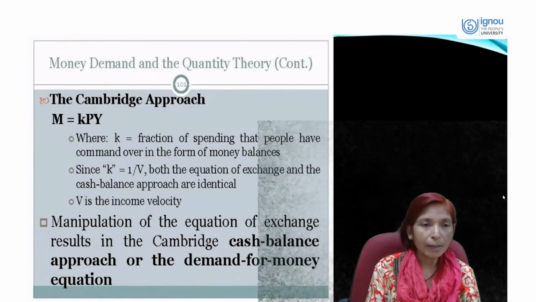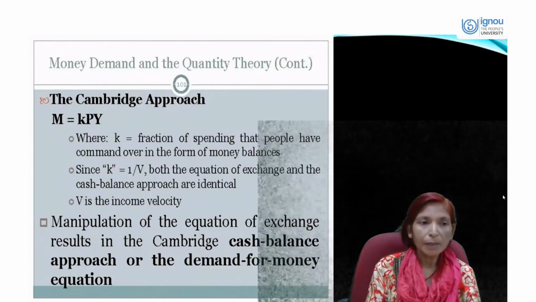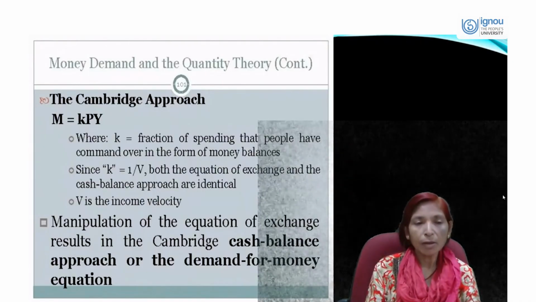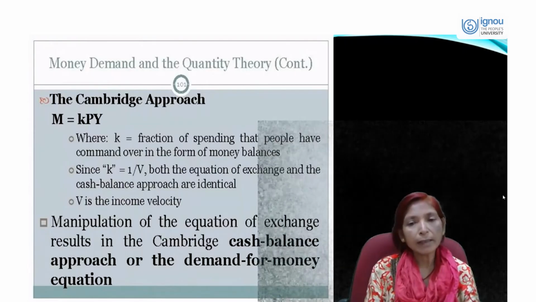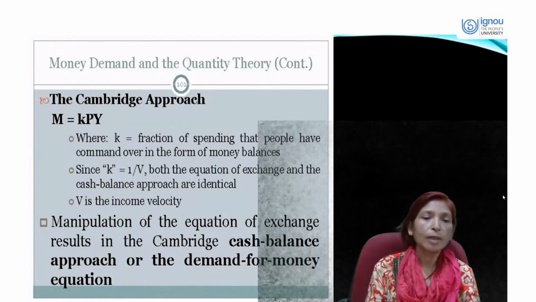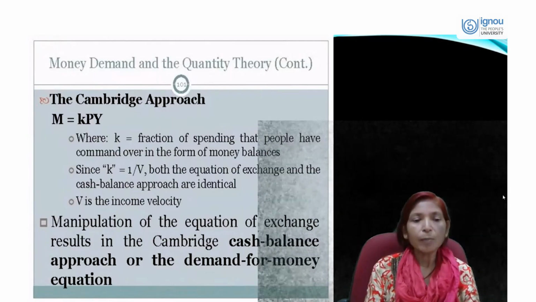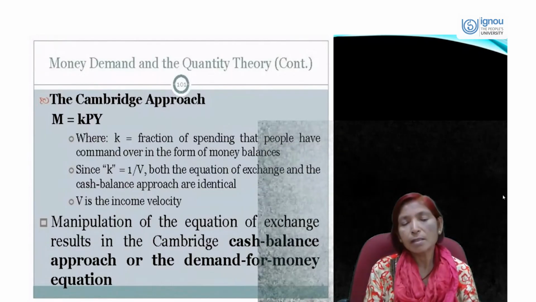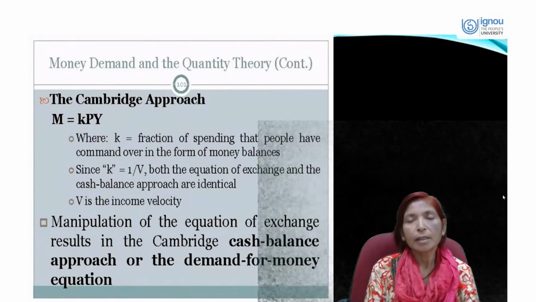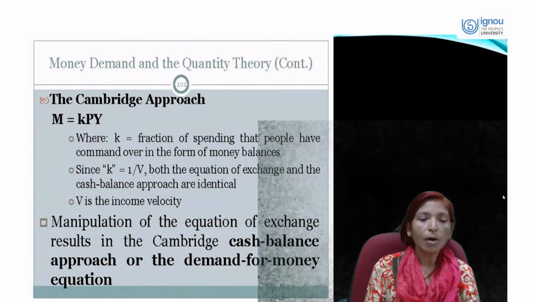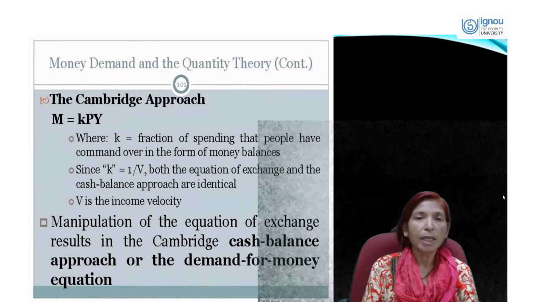P is the price level, Y is income, and K is the proportion or fraction of spending that people have command over in the form of money balances. So manipulation of the equation of exchange results in the Cambridge cash balance approach, or the demand for money equation.